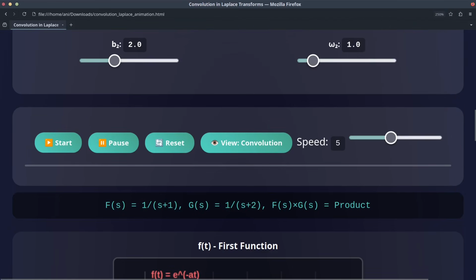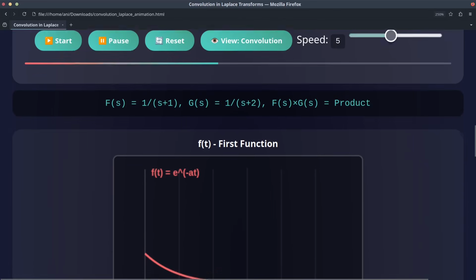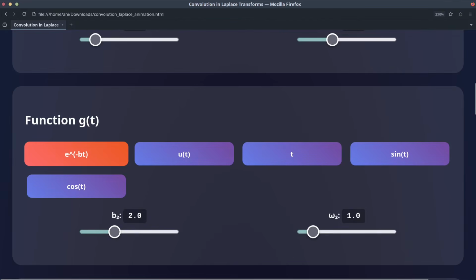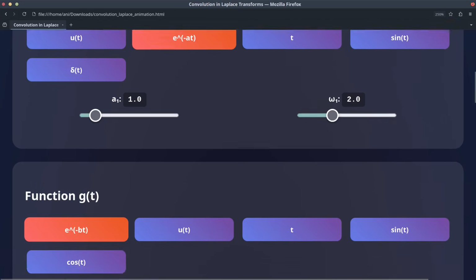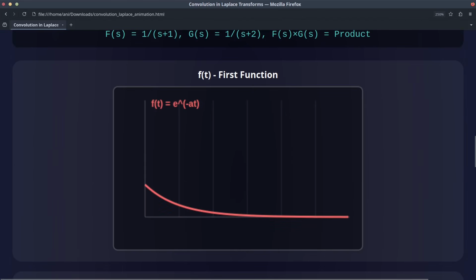If you want to see the graph, it would look something like this. We know F of s for e raised to minus at and for e raised to minus bt, and we can then look at the multiplication, because we have set a as 1 and b as 2. Accordingly, we are looking at the Laplace transform over here.